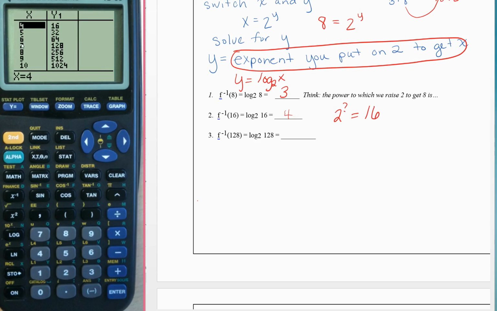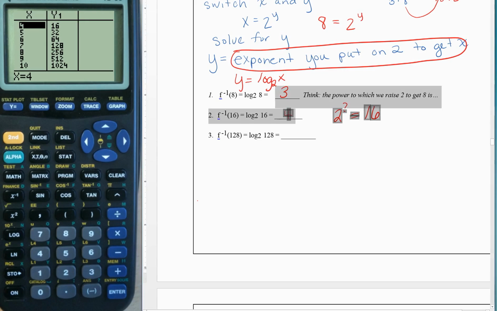And we see that happens when our exponent, our x, is 7. So log base 2 of 128 would be 7. Okay, so kind of the key piece about logarithms is the answer that you get out is really an exponent. It's the exponent that you put on the base to get that number there.